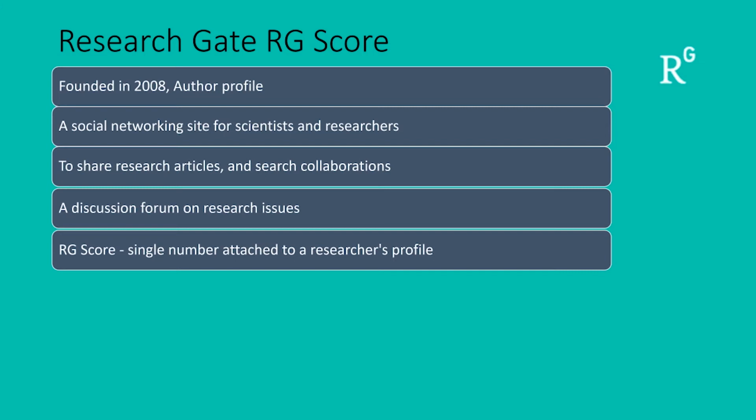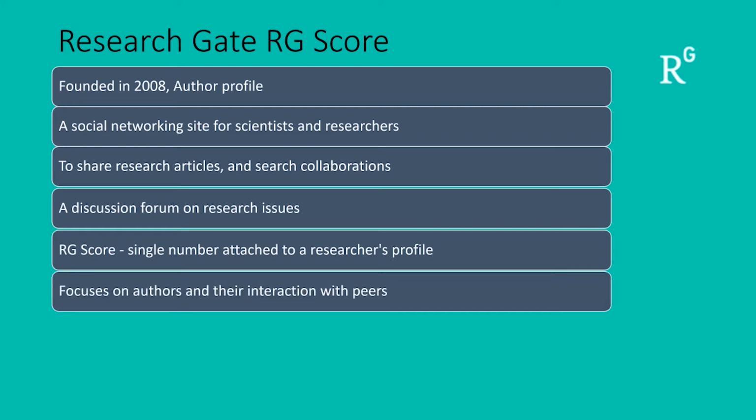It also acts as a discussion forum on research issues. Each author has a unique profile there. The ResearchGate score, RG score, is a single number that is attached to a researcher's profile. The RG score measures scientific reputation based on how your work is received by your peers. It focuses on authors and their interaction with peers.